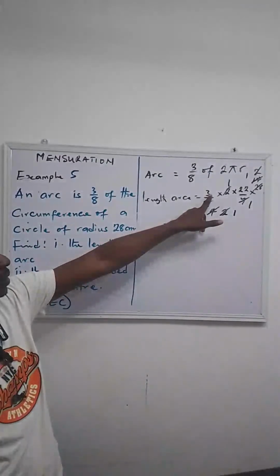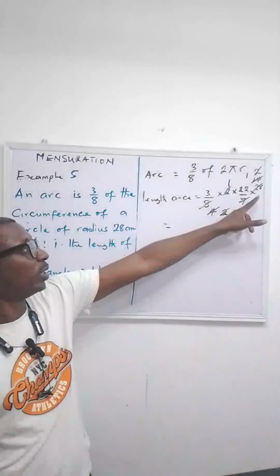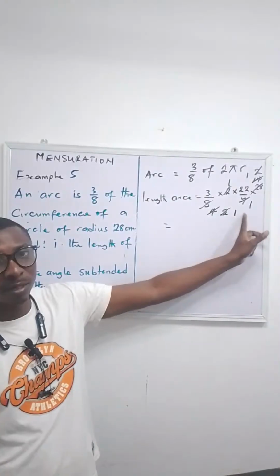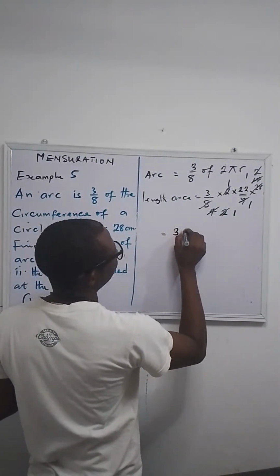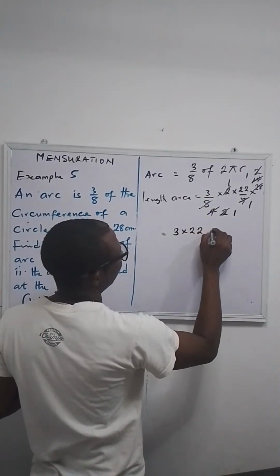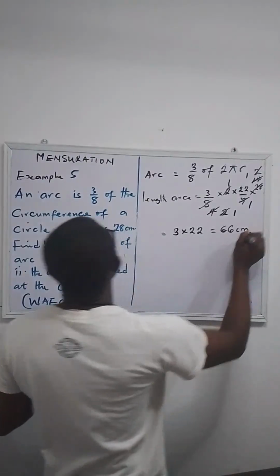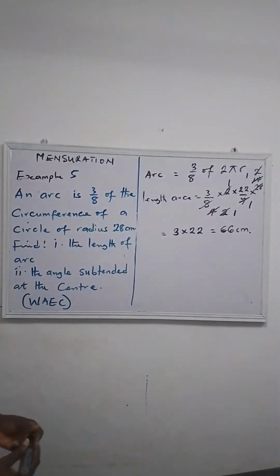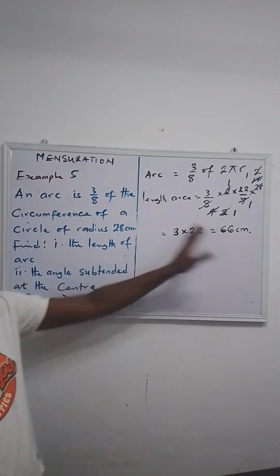We are left with 3 and 22 in the numerator. The denominator will just have 1, 1. So our answer is 3 times 22, and that gives us 66 centimeters. This is the length of the arc in this question.